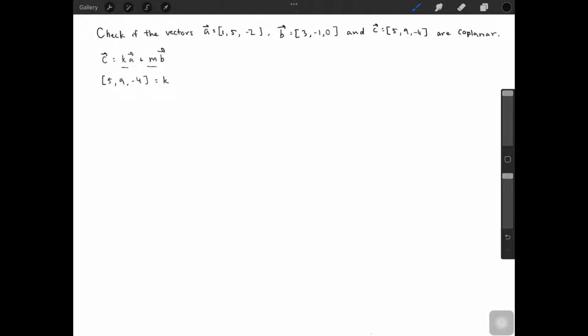So it's (5, 9, -4) equals K(1, 5, -2) plus M(3, -1, 0).